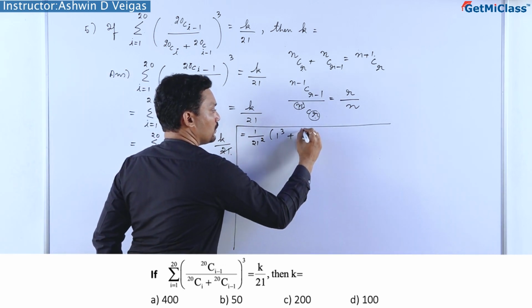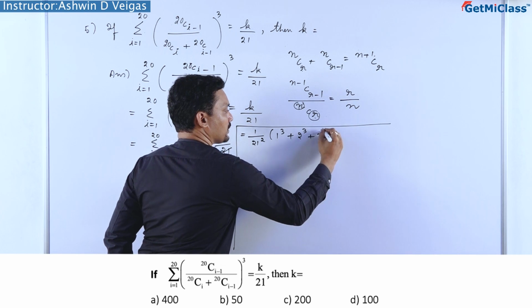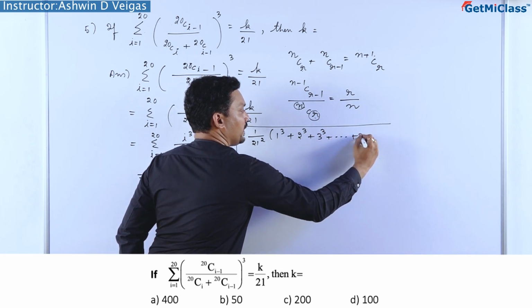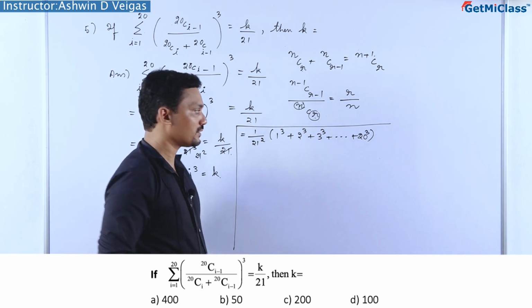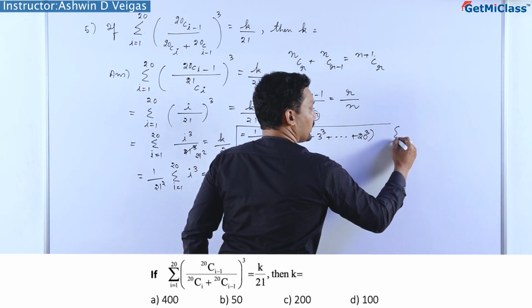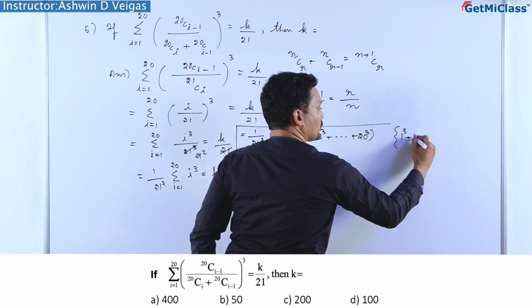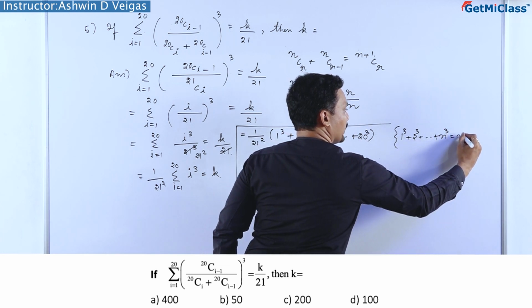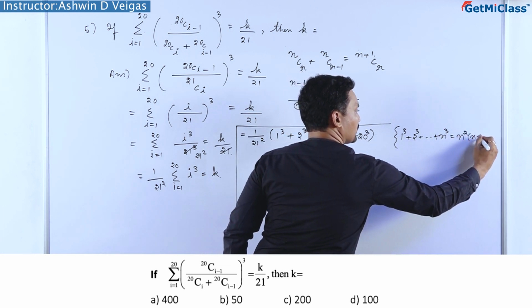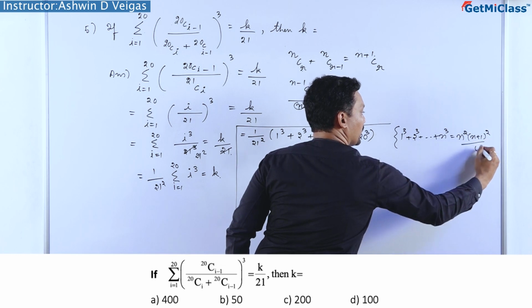So, it is 1 cube plus 2 cube plus 3 cube up to 20 cube, and there is a formula like this in special series, that is, I will write it here, 1 cube plus 2 cube plus so on n cube is given by n square into n plus 1 whole square divided by 4.